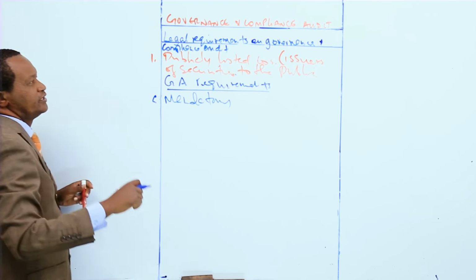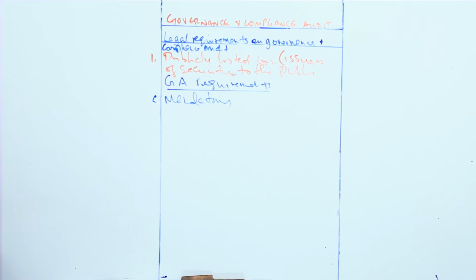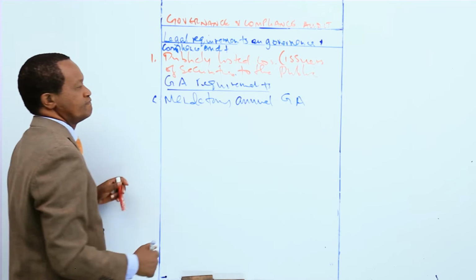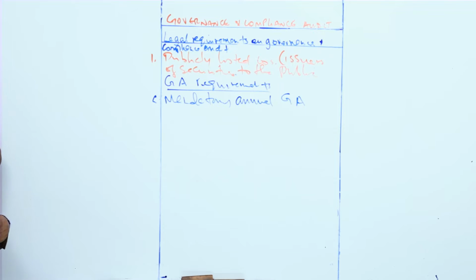That is to mean that publicly listed companies are required by law to conduct governance audits. And that is in line with clause 2.7 of the CMA code, which mandates that all listed companies and licensed intermediaries undertake a governance audit by a qualified and accredited governance auditor. For example, it could be the Institute of Certified Secretaries.